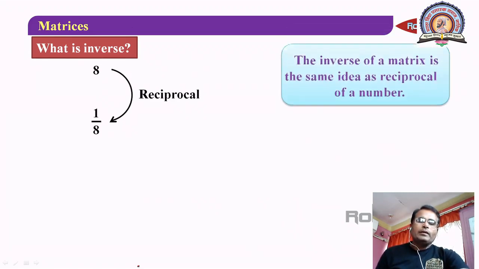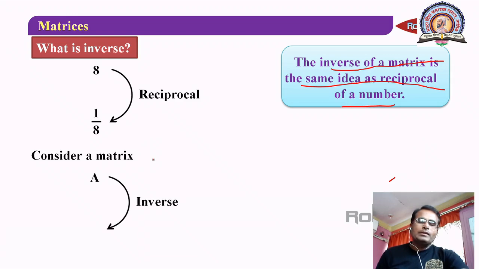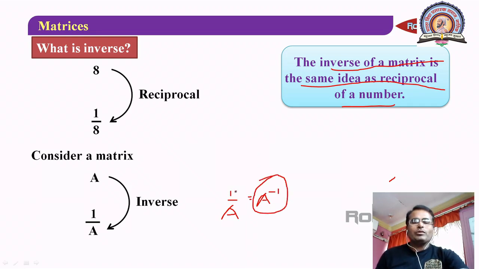And we know that the inverse of a matrix, here we will observe, is the same idea. That is, the reciprocal of a number and the reciprocal of a matrix is the same thing. See how. Consider a matrix A, and if we consider its inverse, then it is 1 by A. We are not writing 1 by A, we are writing this as A raised to minus 1, and this A raised to minus 1 is nothing but a notation for inverse.